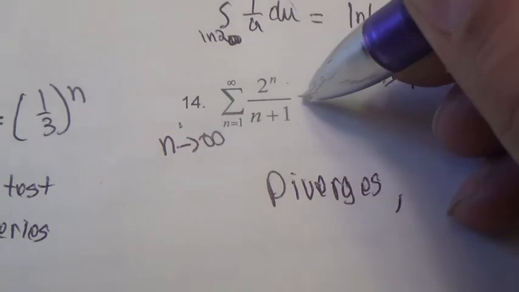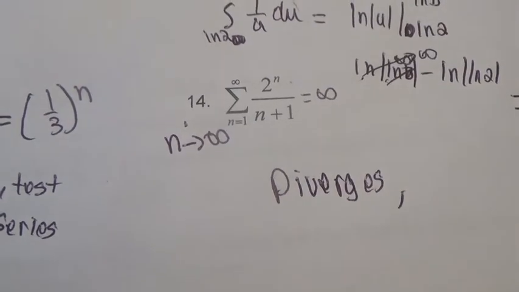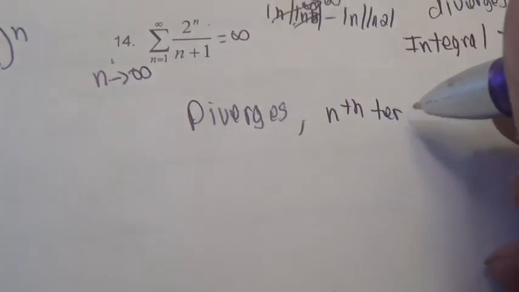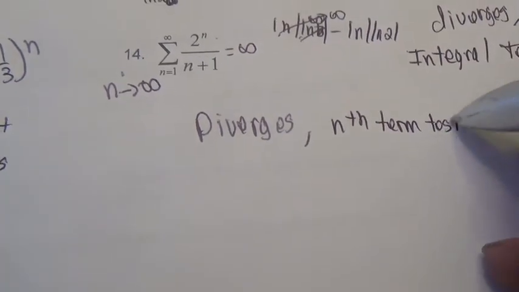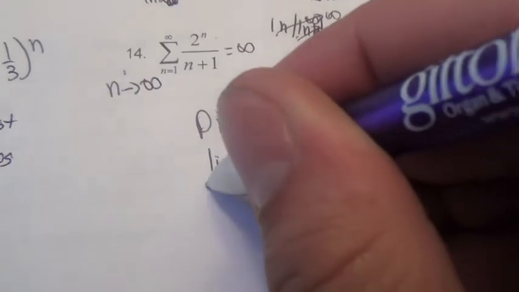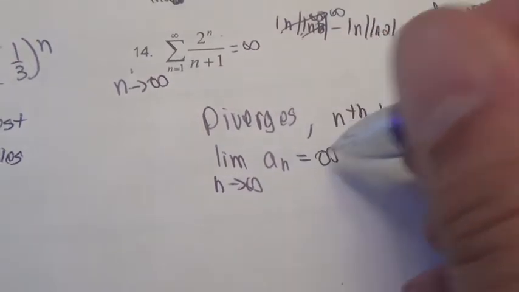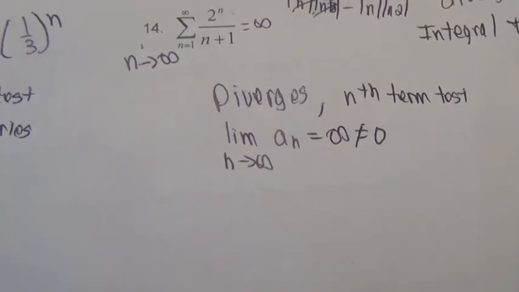The limit of the general term here was infinity. So this diverges by way of the nth term test. The limit as n goes to infinity for the general term was infinity, which is obviously not 0.